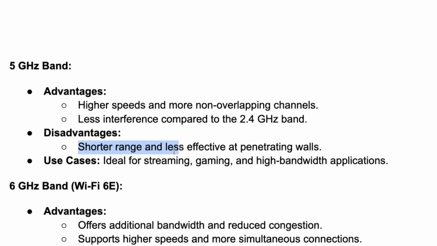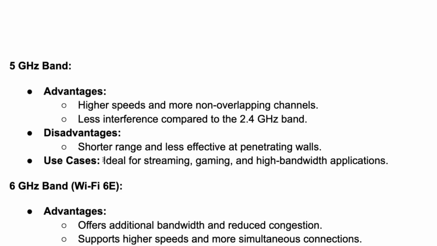Now, the disadvantage of this is that the range of it is shorter, so you actually have to be closer to the router for this to effectively work, and it's less effective at penetrating things like walls, right? So you probably have to be at the very least inside the same building, but maybe you could be a room over from the router, maybe 2 rooms over from the router, but the signal won't be that great at penetrating through walls.